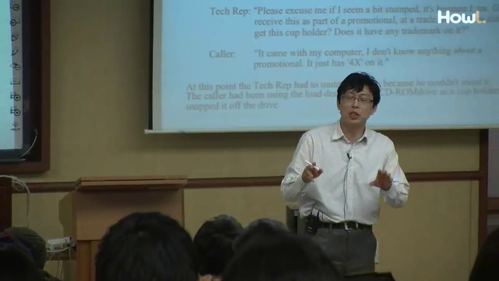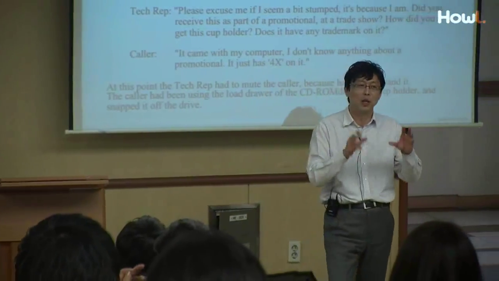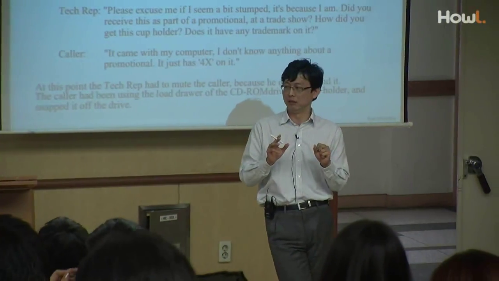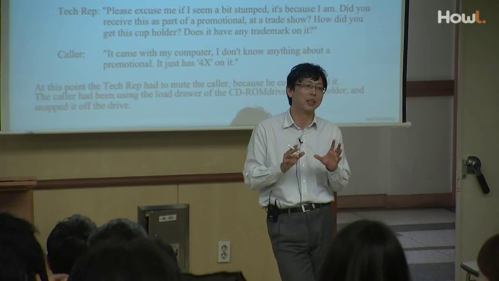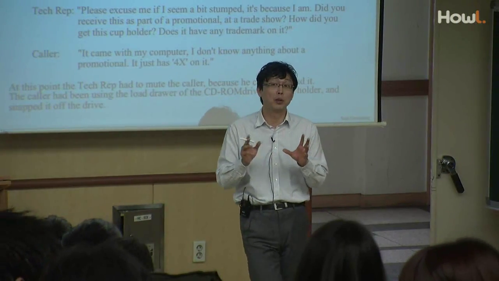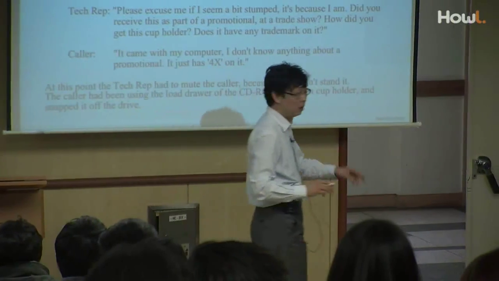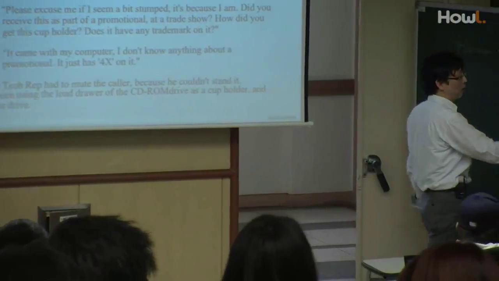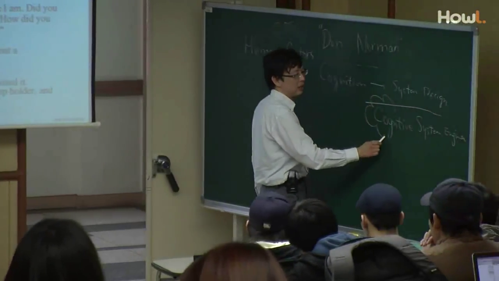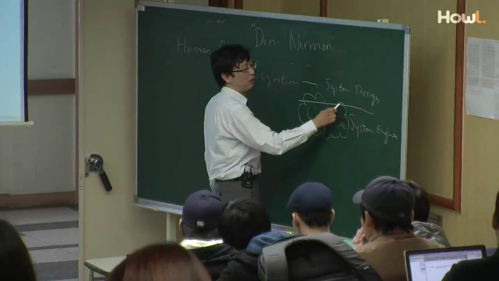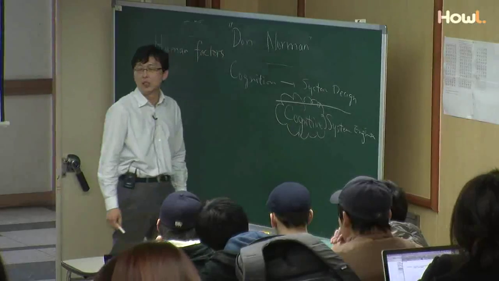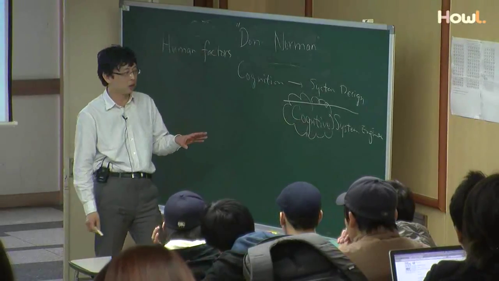Probably many of your system engineering textbooks include very deterministic, mathematical models, right? Production management is a kind of system engineering tool, but what he did was to say that when we make a system, the most important thing is the human factor. In particular, cognition is important.